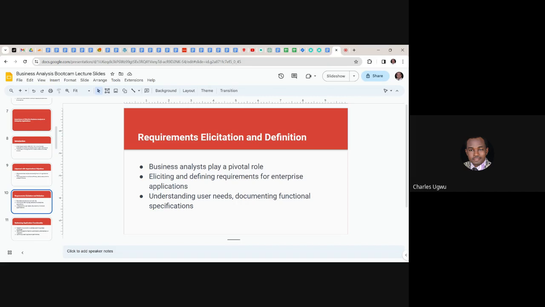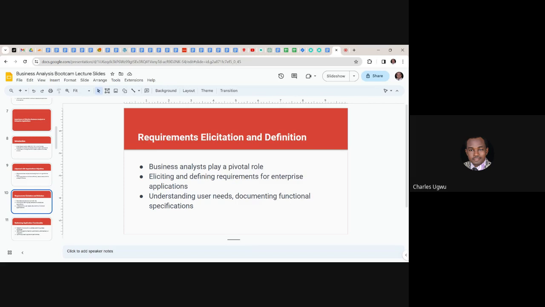After recommendation, there will be a validation of your recommended solution. Once the solution you recommended has been validated, the next thing is designing and implementation. That is you, business analyst. So as a business analyst, you capture business requirements, you analyze it, design it, and convert it into technical requirement.